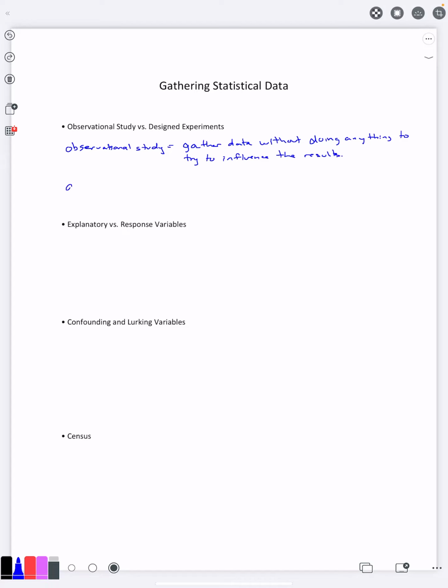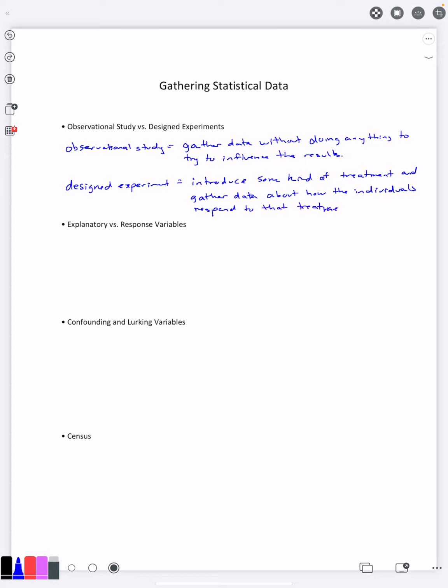On the other hand, the key difference between a designed experiment and the observational study is that we are going to introduce some kind of treatment and gather data about how the individuals respond to that treatment.